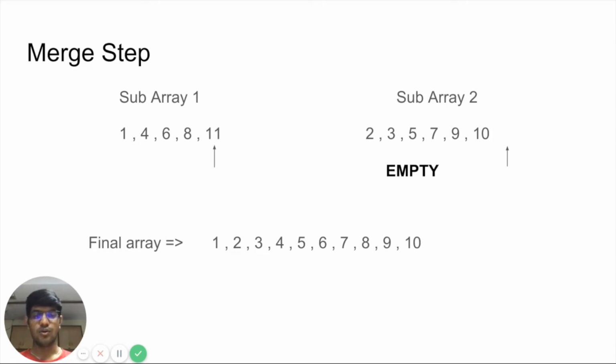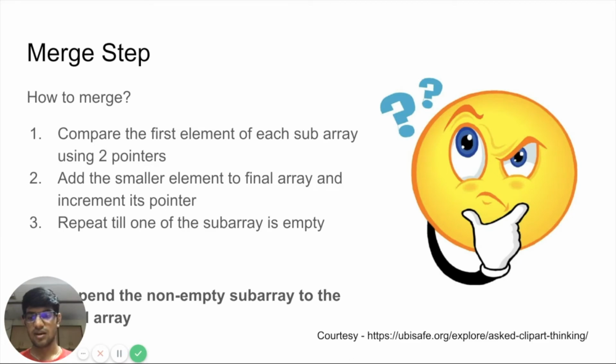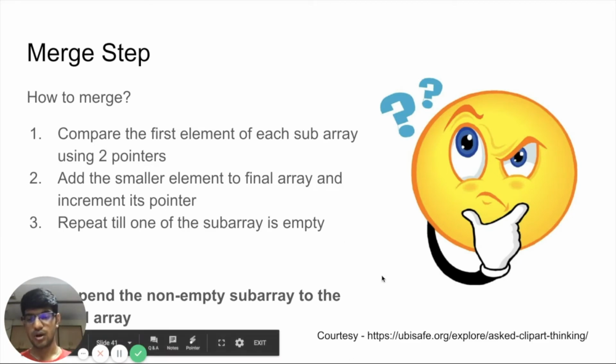Whoa! Now that we have reached an interesting point in our merge sort procedure, let us look at it in greater depth. Here, one of the pointers has exceeded all the elements in a subarray. So, we have reached the end of the third step of our merge sort procedure. Let us look at what we need to do next. Next, we need to append the non-empty subarray to our final array.